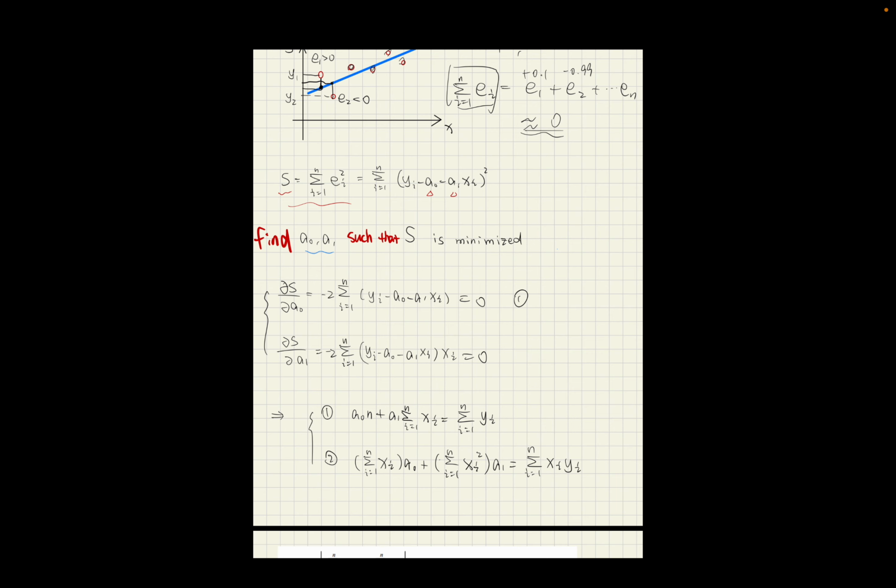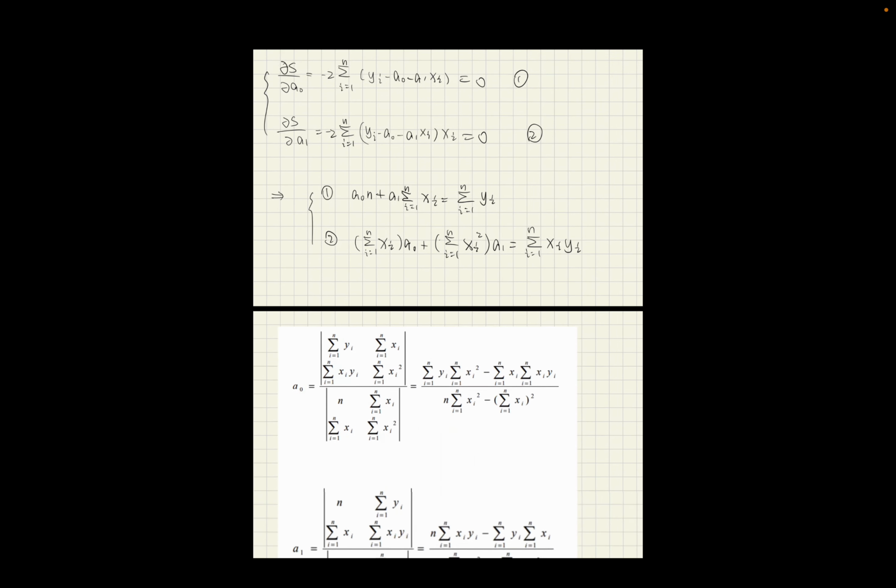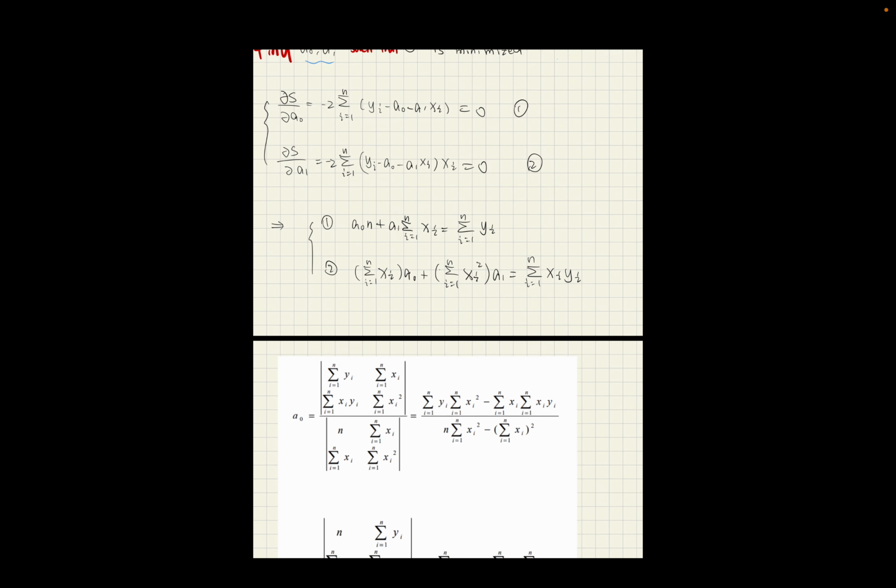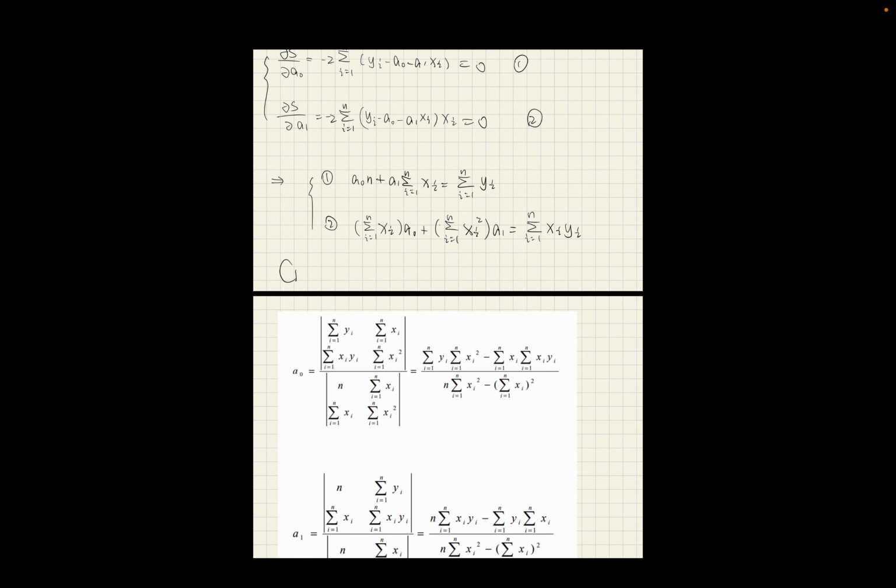Okay, so we turn the two simultaneous equations into these two, which is more neat, and then you can use the famous Cramer's rule to solve it.